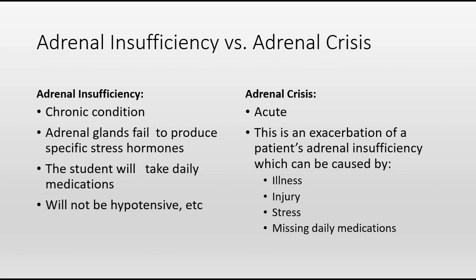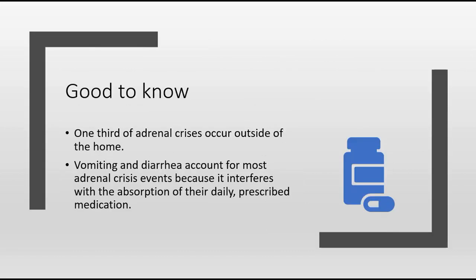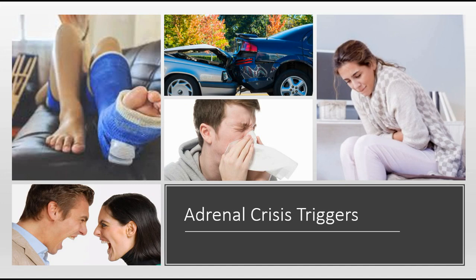One third of adrenal crises occur outside the home, and flu-like symptoms, nausea, vomiting, and diarrhea account for most events, because sometimes GI symptoms interfere with absorption of their daily prescribed medication, including steroids and such. There are lots of triggers, as we already talked about, even in extreme cases the flu, GI upset, auto accidents, surgery, trauma, etc.